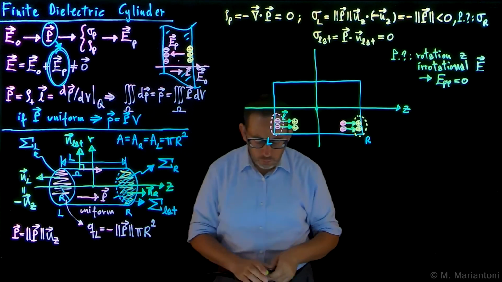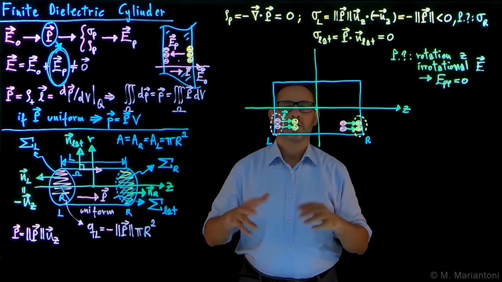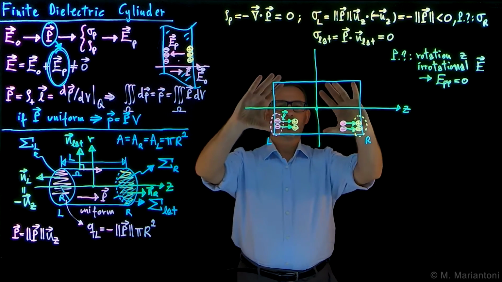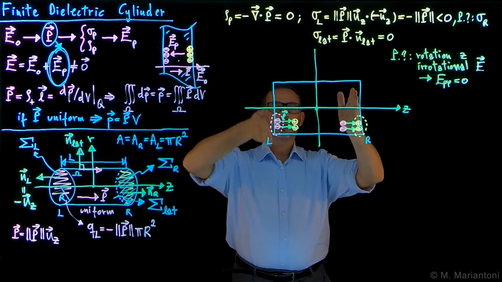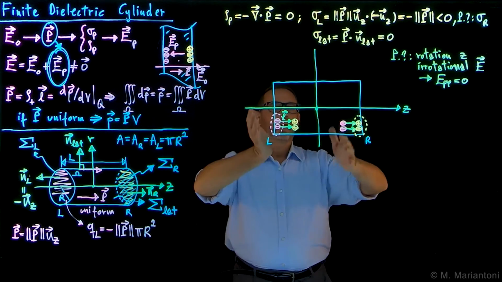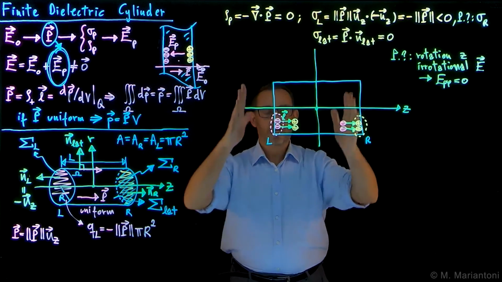Now, what if I want to sketch the field lines of EP? Outside this object, what do we see here? We see a little cylinder with a negative charge on this face, QL, minus norm of P pi r squared, and a positive charge, which is the opposite of this sign, Q right, on the other side here.